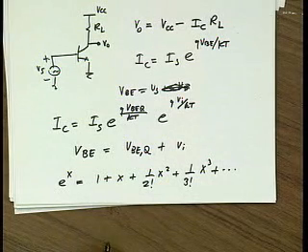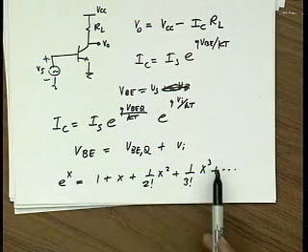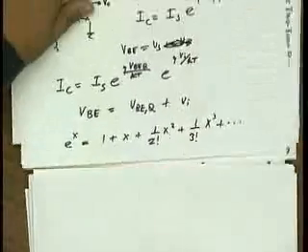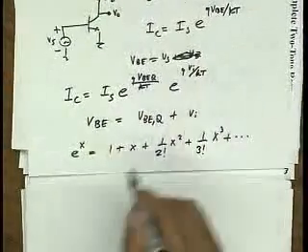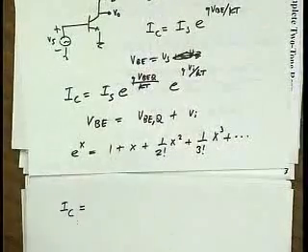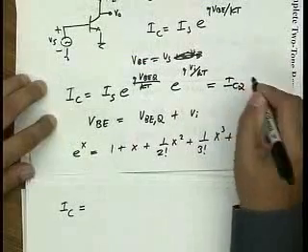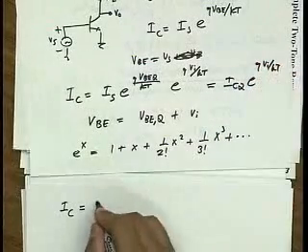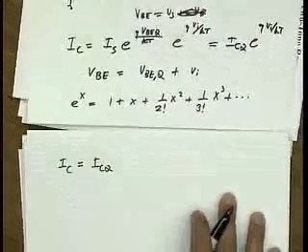Looks like that. And because we basically don't want to make things too messy, we'll keep things up to the third order term. So now let's substitute this expansion for this term here. Essentially I can write that IC is equal to ICQ e to the q V input over KT. So ICQ is just the constant bias current.